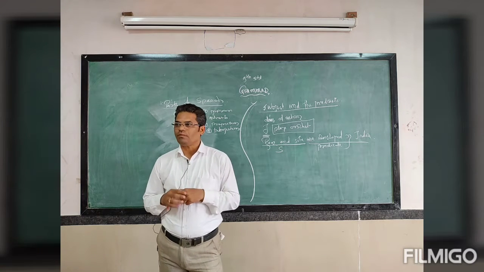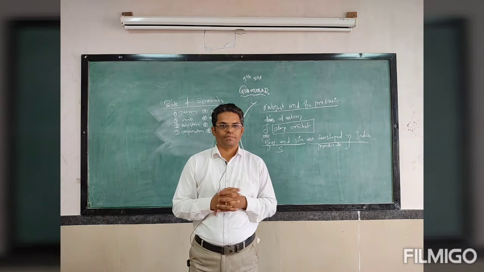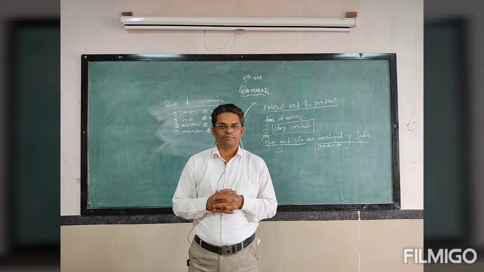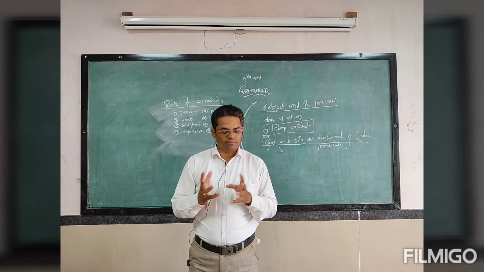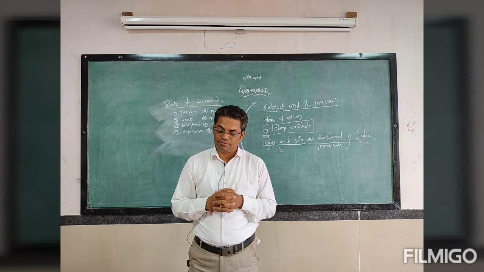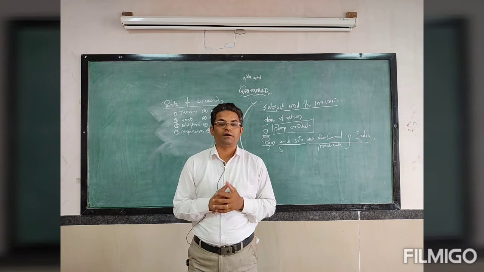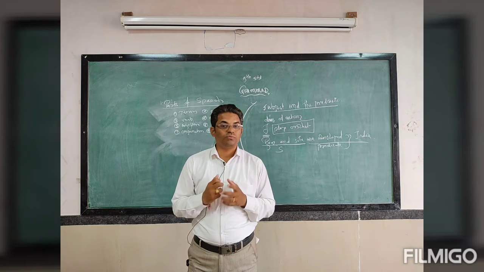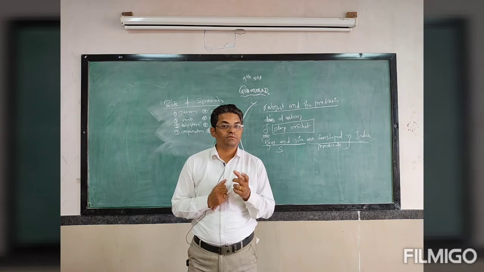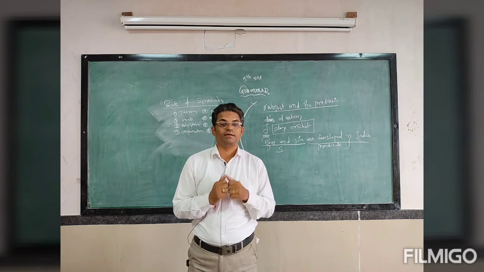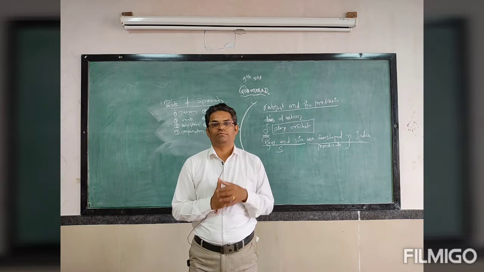How? See, children, while talking, you might have observed, they say to each other, "ek mulga veda, ek mulga veda." So what does "ek" mean? Who is "ek"? That "ek" is a noun.